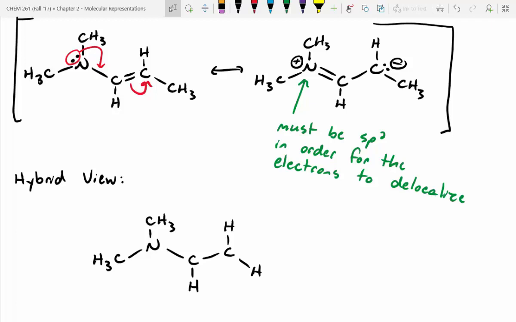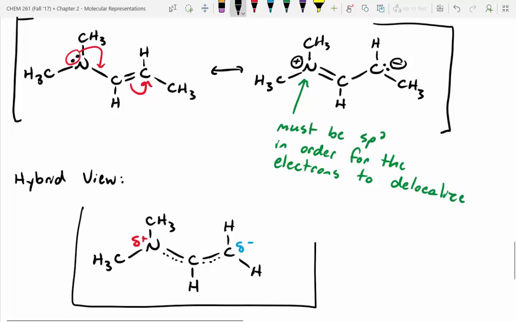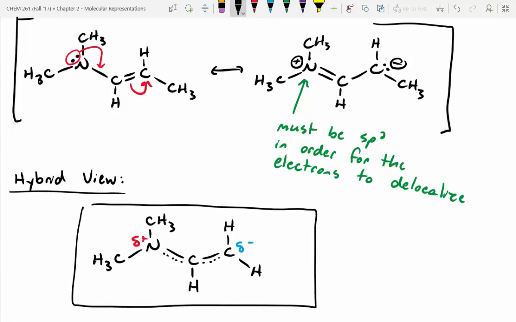Between basically all three of these atoms. We can show that as a dashed bond, so they're not quite a single bond, not quite a double bond. This nitrogen has got to be partial positive because one of the resonance structures has it with a formal positive, and this carbon must have a partial negative. So we can show this as the hybrid resonance view. Does that make sense?